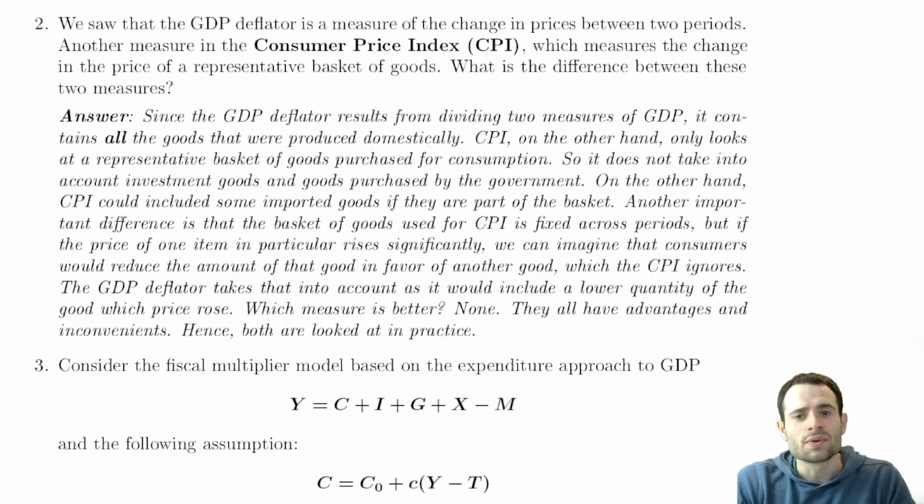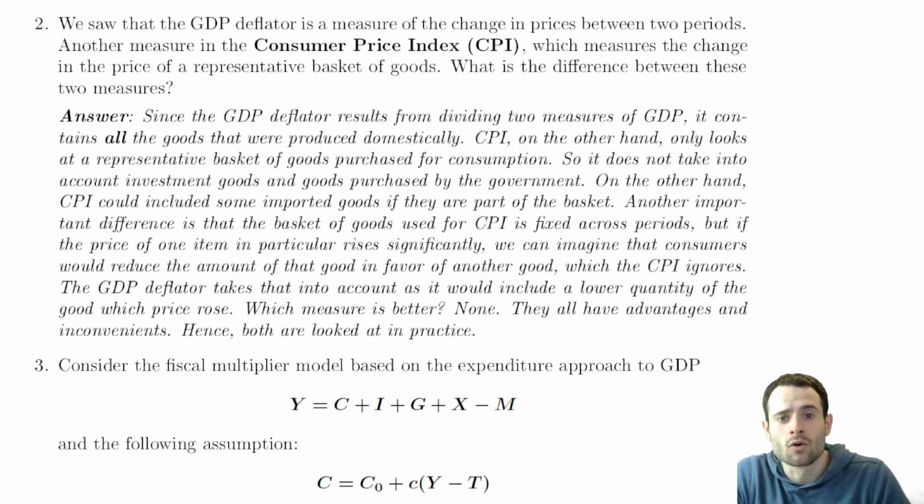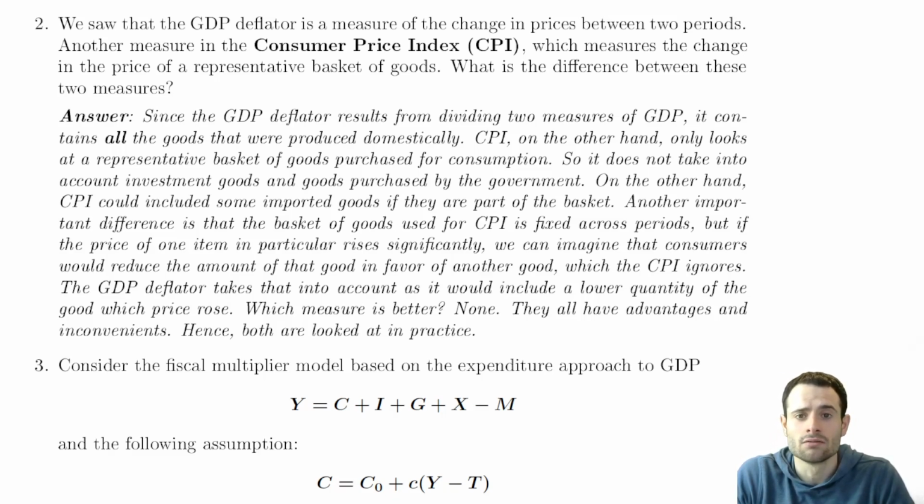If meat represents, let's say, 5% of somebody's budget in a month, but the price of meat increases significantly due to a natural disaster, for instance, then you can imagine that next month, consumers will not buy that much meat. They might substitute it for maybe other sources of protein, maybe fish, maybe eggs.